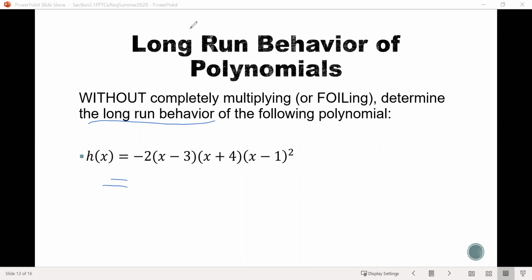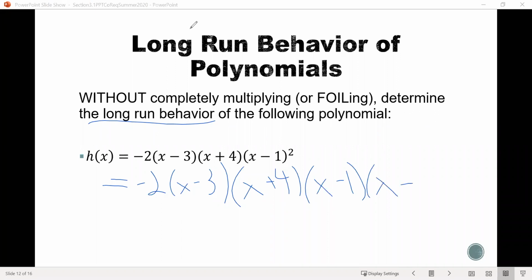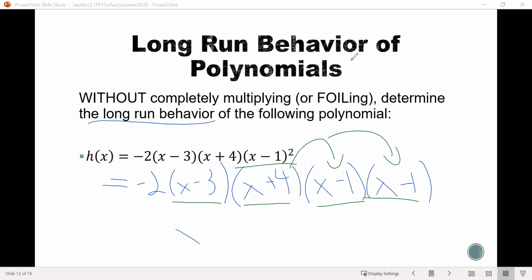Well, notice that another way to write this is -2 times x minus 3 times x plus 4 times x minus 1 times x minus 1. That's what the x minus 1 squared means. And if we think back to what we did in the prereq material, we know that if we multiplied all 4 of these things out, what we would get as our highest power in this case is an x to the 4th.